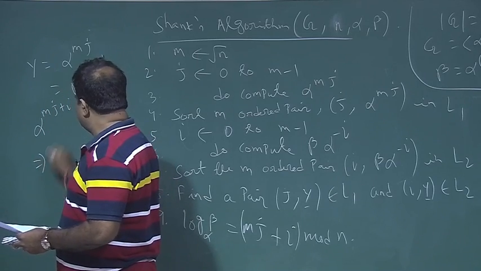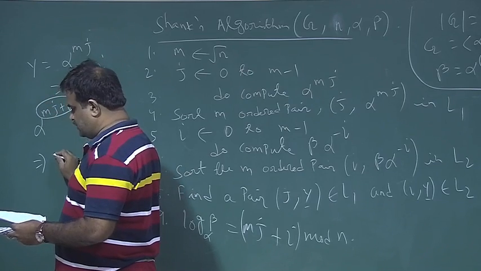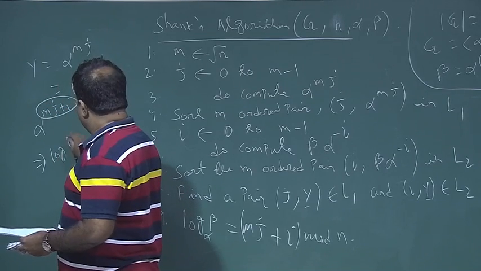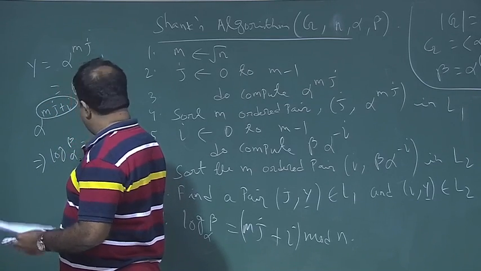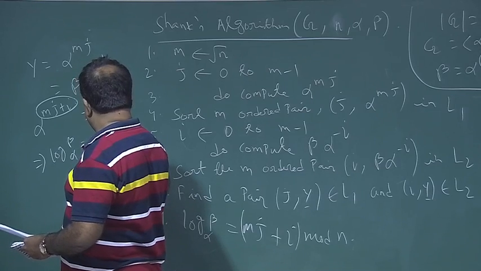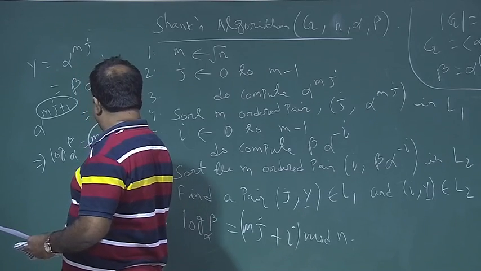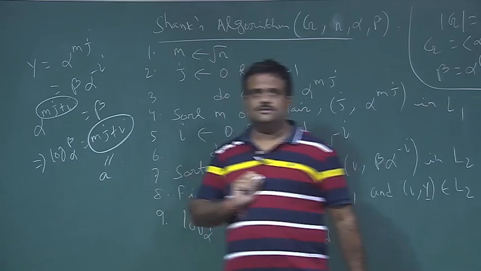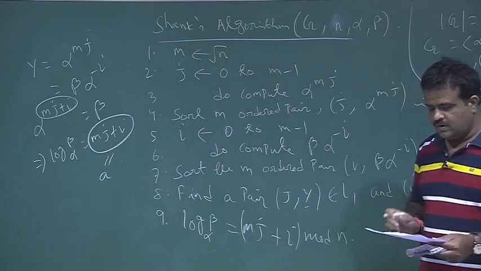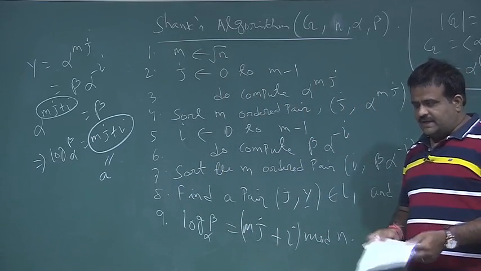This implies log of beta to the base alpha is equal to mj plus i. So, this is our a we are looking for. Okay, so this is the correctness. We will take a quick example on this.